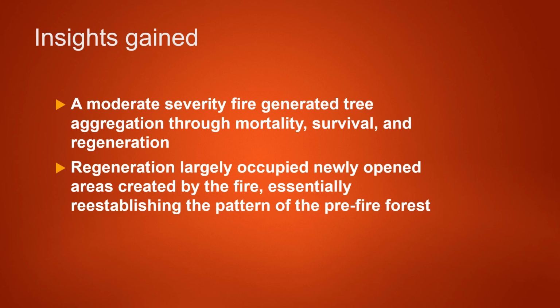And the regeneration largely occupied newly opened areas created by the fire, essentially reestablishing the pattern of the pre-fire forest. This means if there isn't a fire soon, we're back to where we started with this forest before the fire, because the regeneration has basically filled in everything that was edited out by the fire.